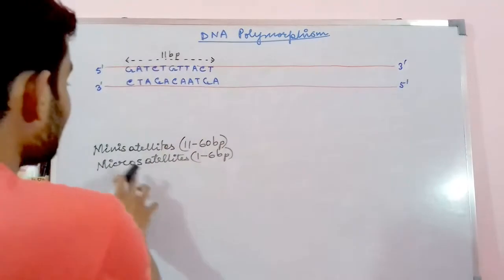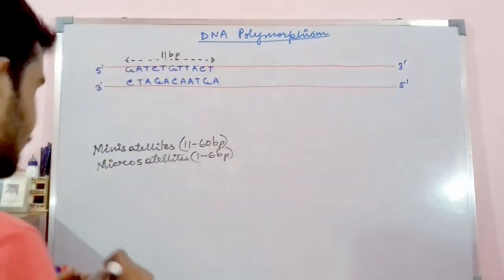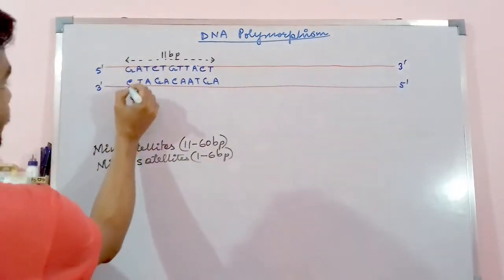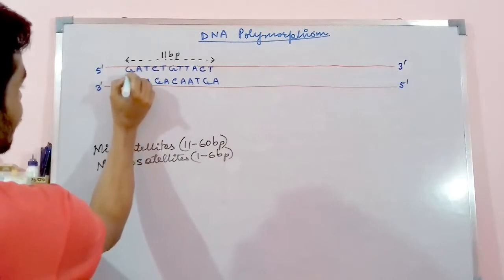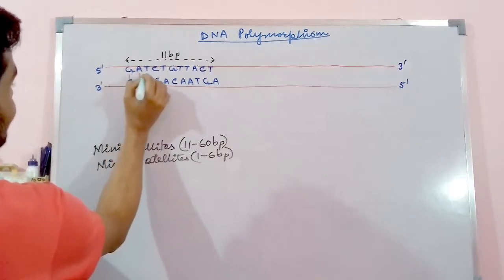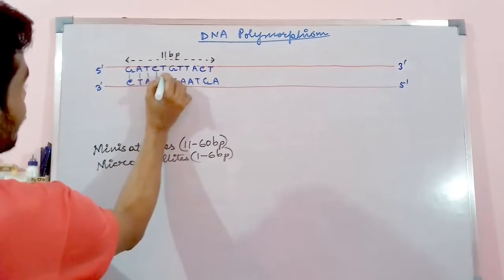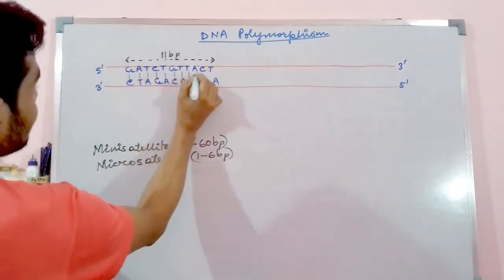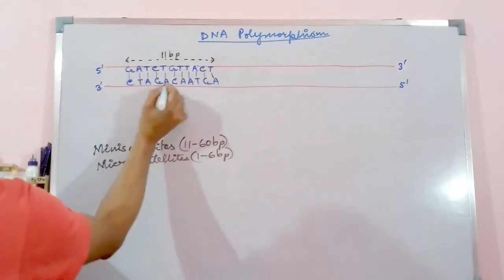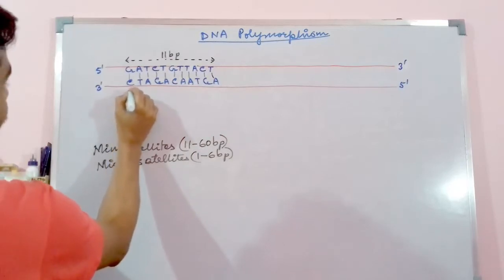Now this microsatellite body, let us consider the base pairs starting from this position. This is one base pair, this is another, this is third, fourth, fifth, sixth, seventh, 8, 9, 10, 11. Now we consider 6, okay.